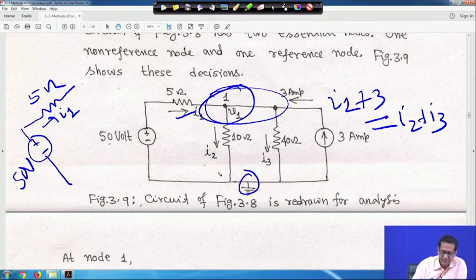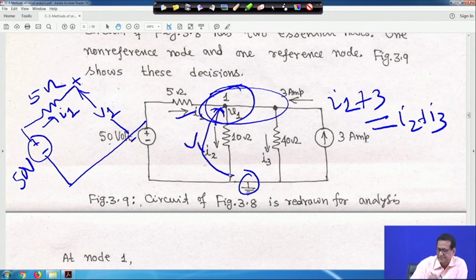V1 is actually 10 into I2, but we will not write this; we will mark it plus. I told you always take the non-reference node as plus. This is your V1 voltage and this is your ground. So V1 is equal to 10 into I2, but we are taking this V1 directly.